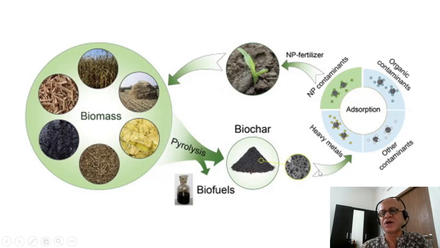which can be put on top of soils, and they can also be used to filter heavy metals and other contaminants and organic contaminants and other fertilizer, nitrogen, phosphate, potash, fertilizer contaminants, and enhance soil carbon.